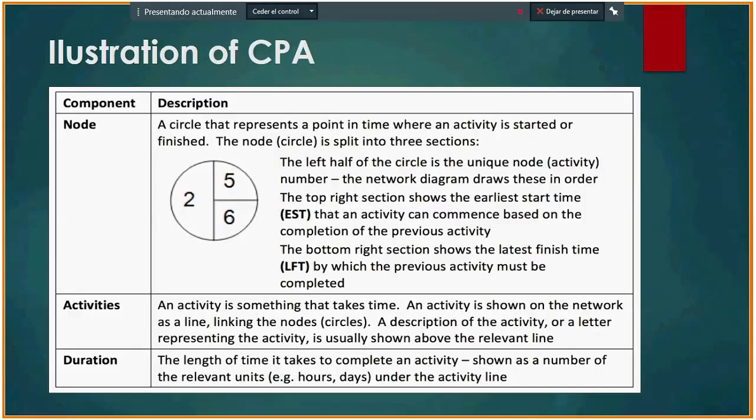An activity is shown on the network as a line linking the nodes. A description of the activity or a letter representing the activity is usually shown above the relevant line. And duration is the length of time it takes to complete an activity, shown as a number of the relevant units, for example, hours or days or weeks or months, under the activity line.